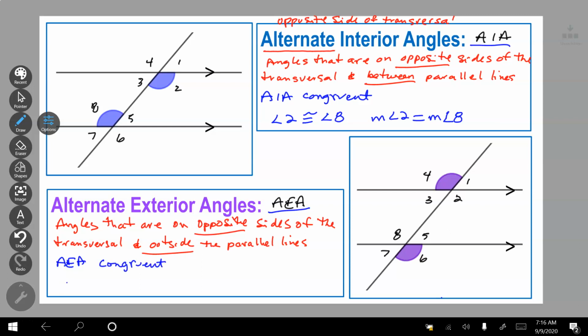That means angle 4 is congruent to angle 6, or the measure of angle 4 is equal to the measure of angle 6. And they're not the only alternate exterior angles. 1 and 7 are on opposite sides and outside the parallel lines. So they are also congruent.